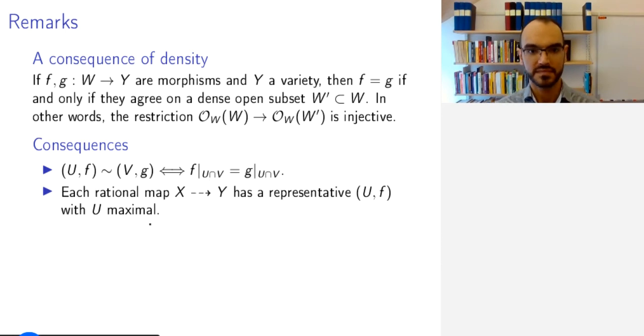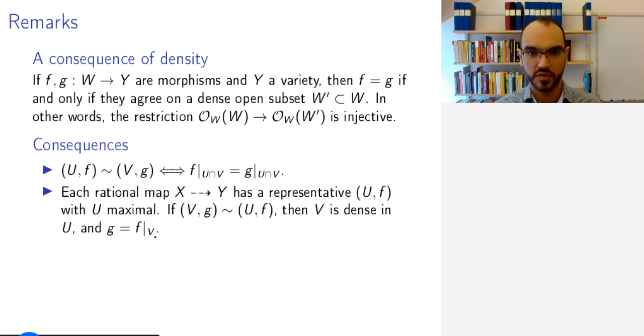Secondly, each rational map has a representative with a maximal open subset. Simply take as this maximal open subset the union of all U's where (U, f) is included in the equivalence class. Or if you wish, take the set of all points where f is defined.